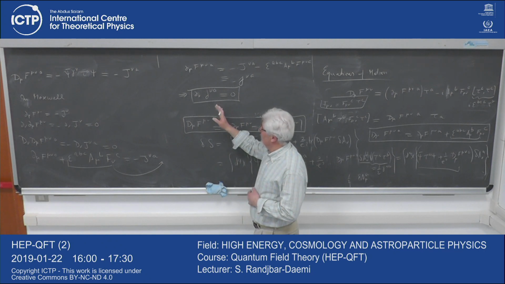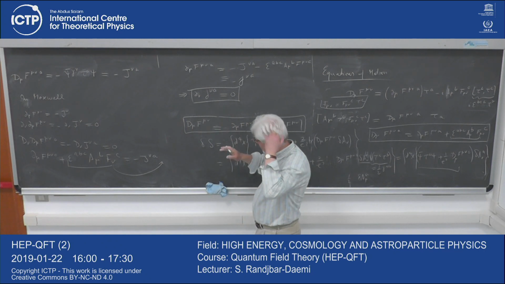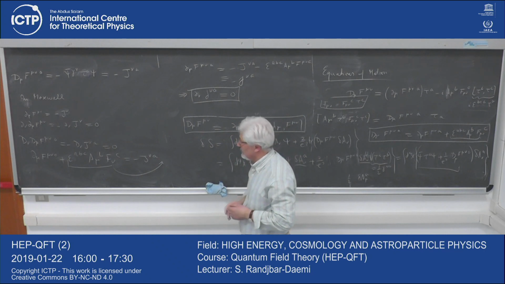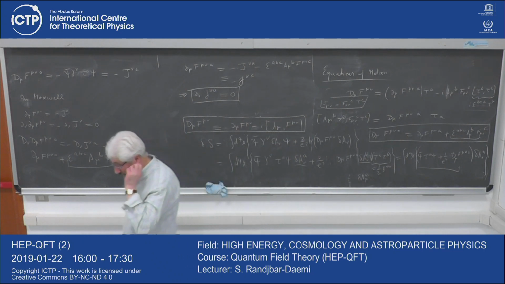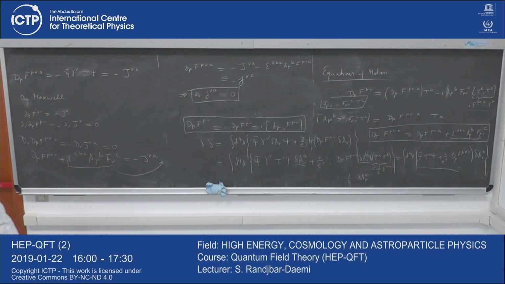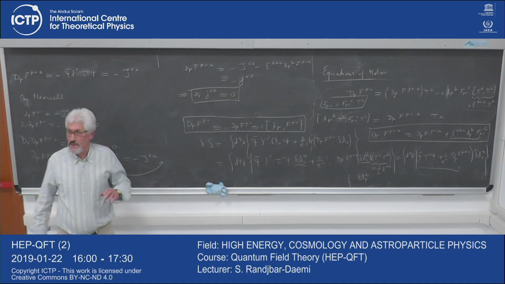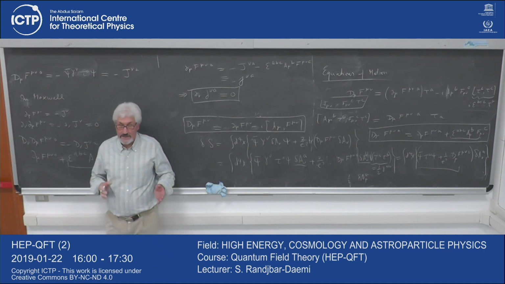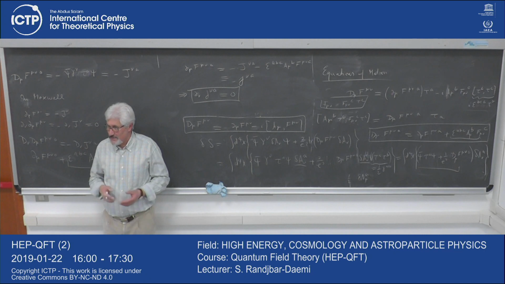And anyway, people have studied these things a lot, but I do not want to stop on it at this stage because we are not going to use it immediately. Just wanted to point out that this generalization from U1 to non-abelian gauge theories has interesting aspects to it.